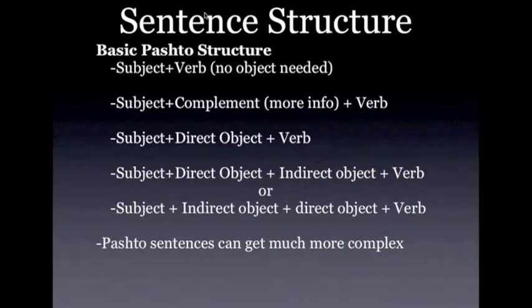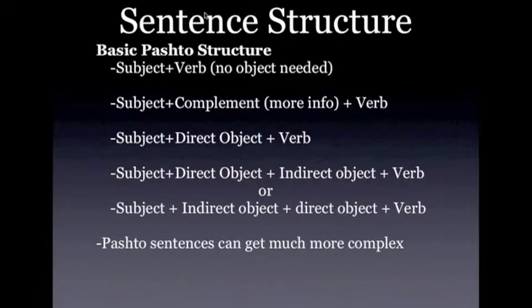Now, basic Pashto structure differs from basic English sentence structure. In Pashto, you can have a subject plus a verb where no object is needed. You can have a subject plus a complement plus a verb. Here the difference is the verb ends the sentence. This is a major rule in Pashto that the verb almost always ends the sentence.